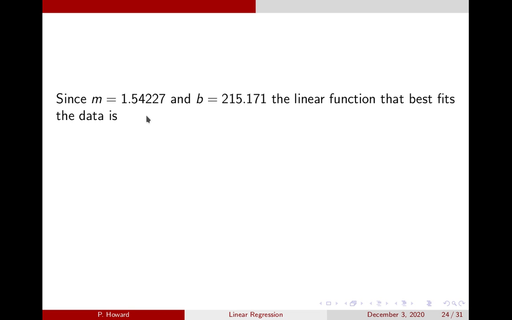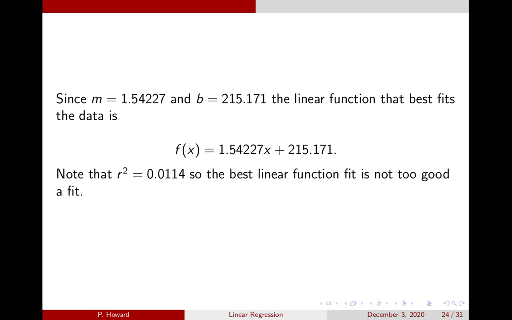So the linear function that fits the data best is f of x is 1.54227x plus 215.171. So as we noted before, r squared is pretty close to 0, so this best linear function is probably not too good a fit.